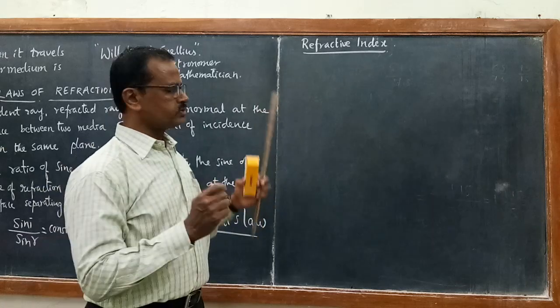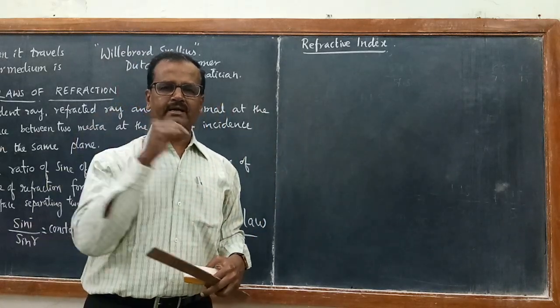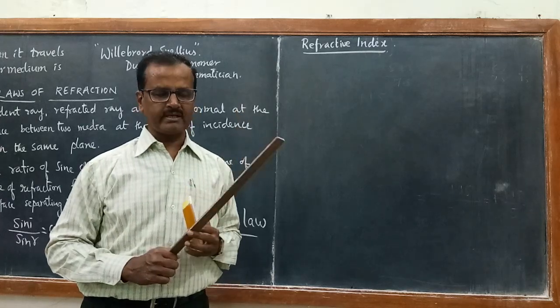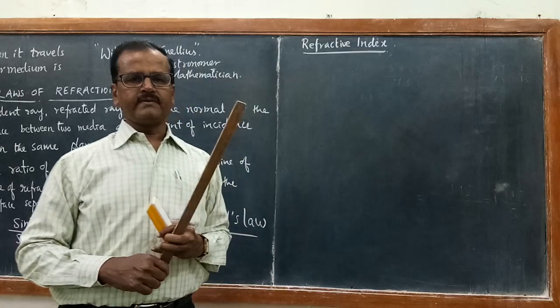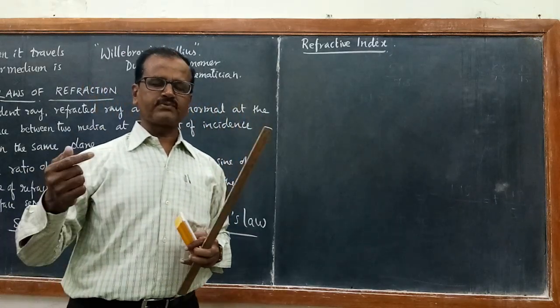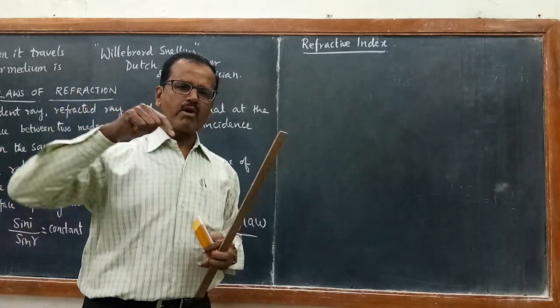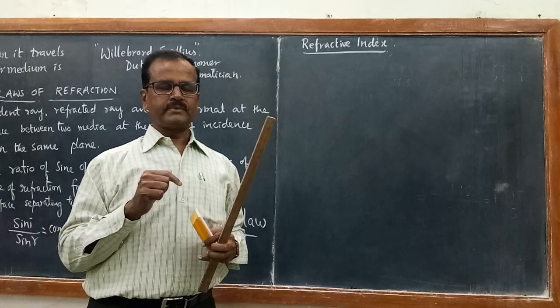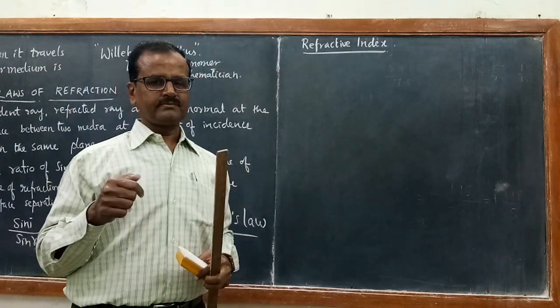Refractive index tells you to what extent a ray of light can bend when it travels from one medium into another medium. It is observed that when a ray of light enters from a less dense medium into a more dense medium, the ray of light is found to bend towards the normal.